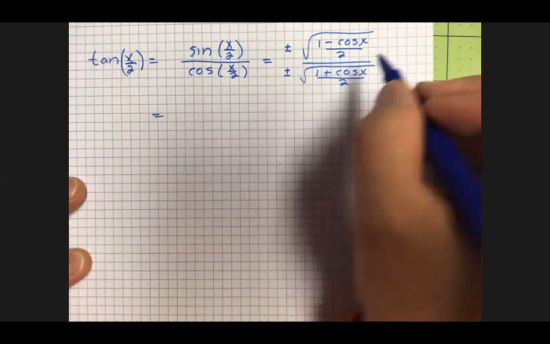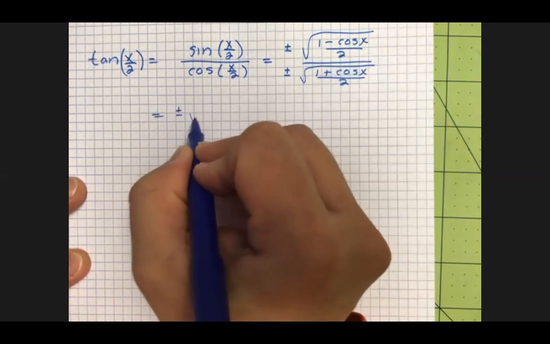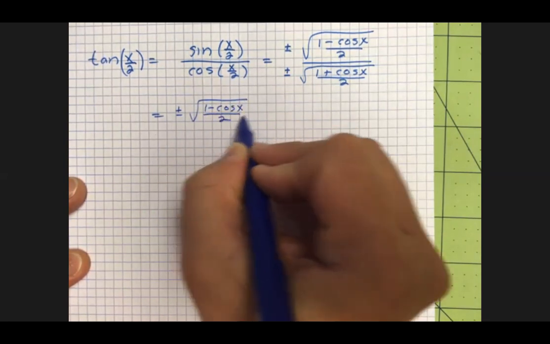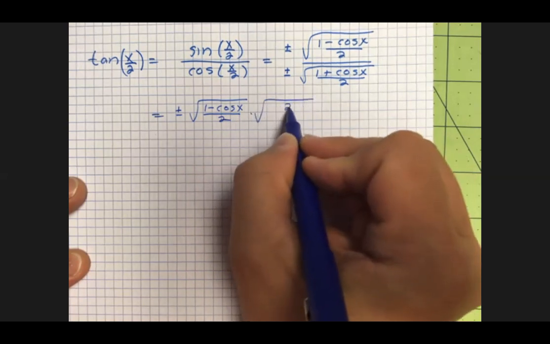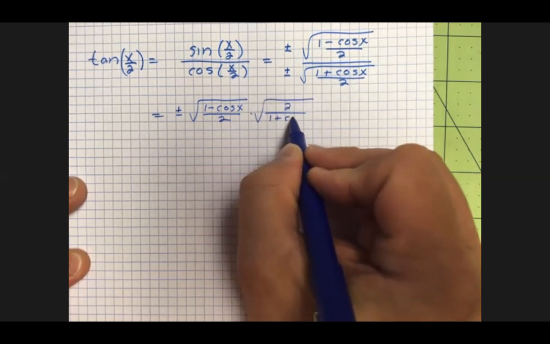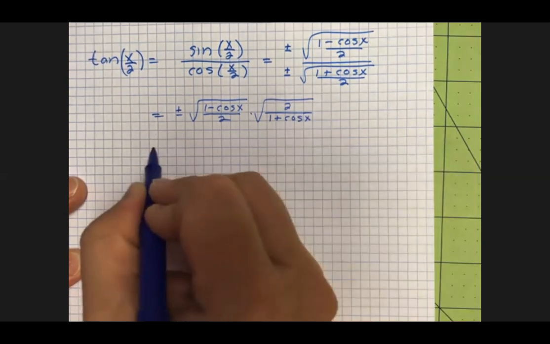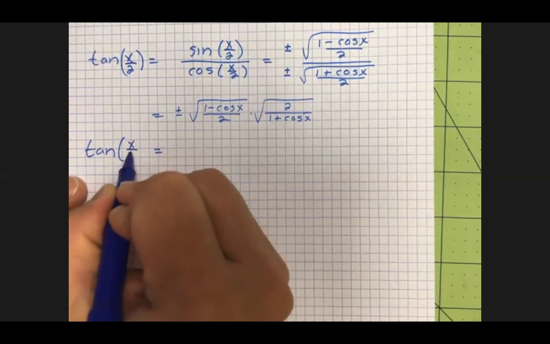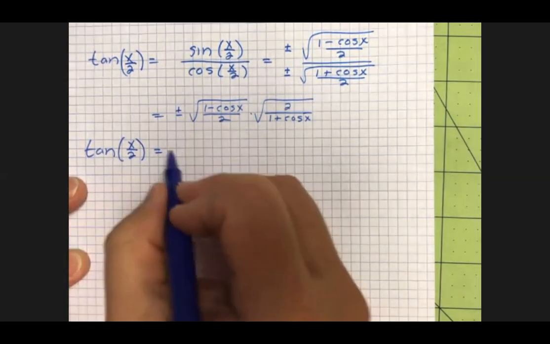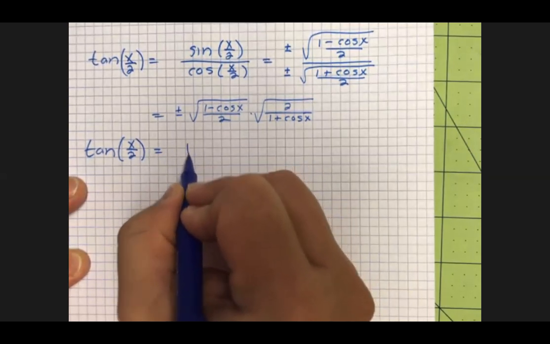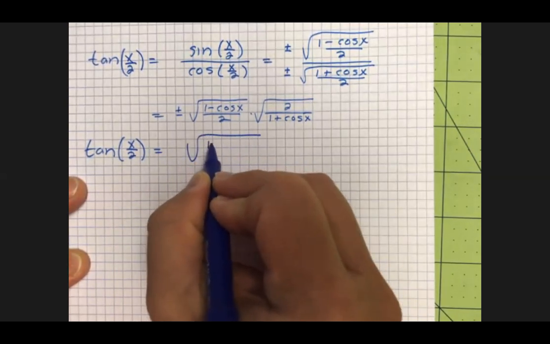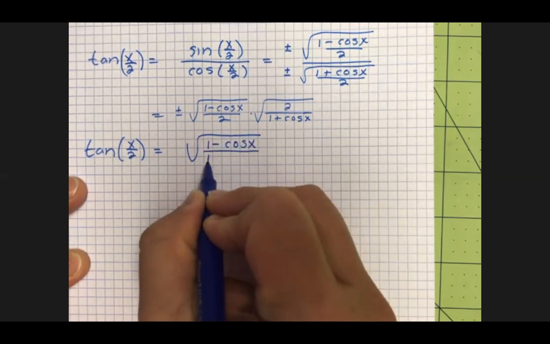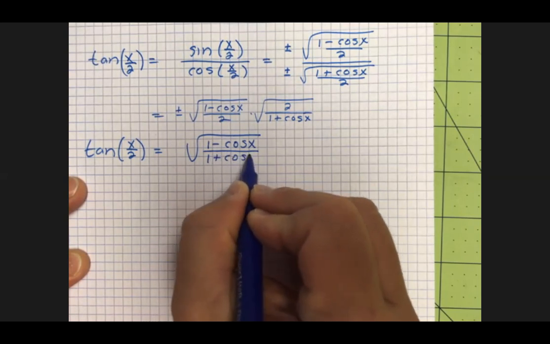Now if I invert and multiply here, I get to cancel a 2. So the tangent of the half angle is 1 minus cosine x divided by 1 plus cosine x, square rooted.